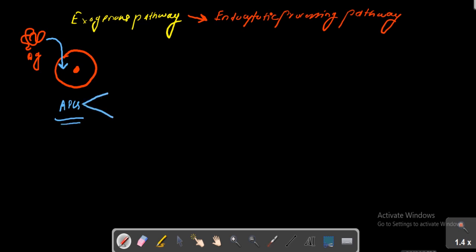Mainly these are of three types. One is B cell, another is dendritic cell, and one is macrophages.